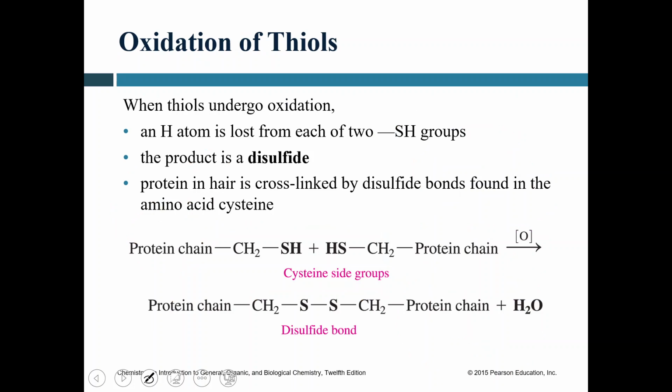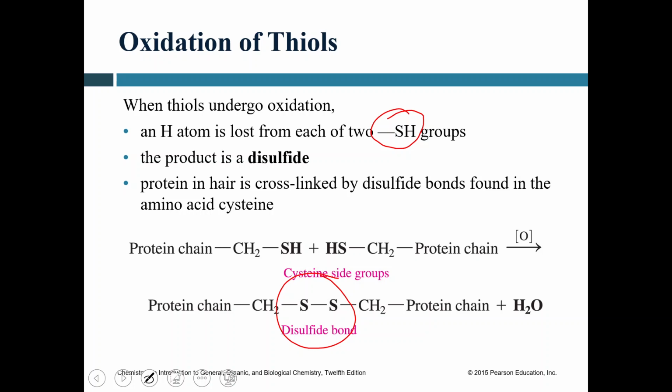When thiols undergo oxidation, a hydrogen atom is lost from 2 SH groups, from 2 different thiol molecules, which produces a disulfide. Basically, it's somewhat similar to an ether in some cases. So, as a matter of fact, the protein keratin that is found in hair is cross-linked.